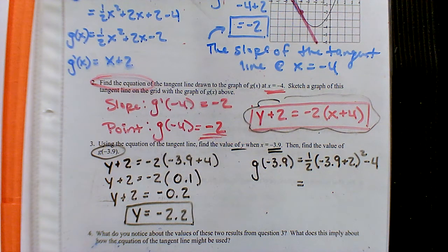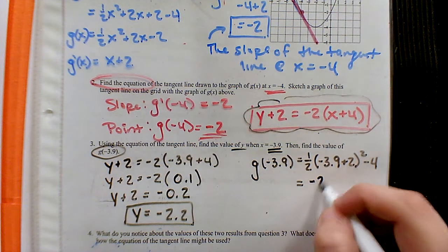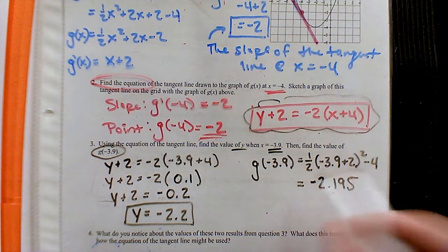Any takers? Calculator people, have it handy. Go to Braden. -2.195. Okay.